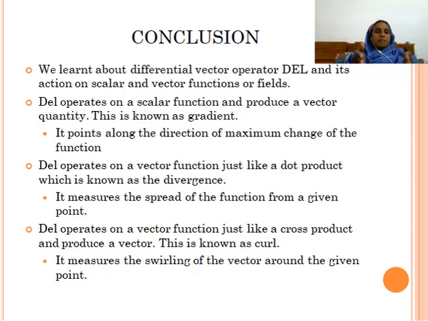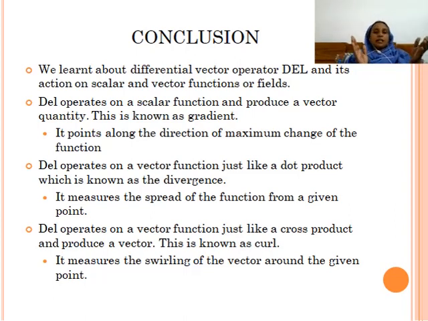At the same time, if this del or vector differential operator acts upon vector functions or vector fields, it has two options. Either it acts like a dot product, then it is called divergence. Del dot V, divergence. Its output is a scalar function. What is its geometrical meaning? It measures how much the vector function spreads out from a given point.